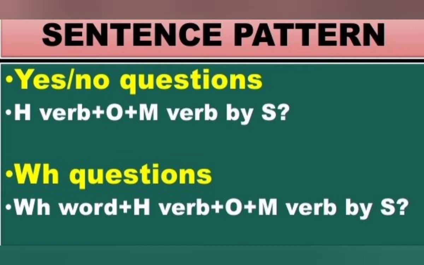Therefore carefully remember this pattern: helping verb, object, main verb, by subject. Similarly, in WH questions, there is only one change, that is just before the helping verb we use the suitable WH word, that is the WH question word. Therefore, the sentence pattern goes as follows: WH word, helping verb, object, main verb, by subject.